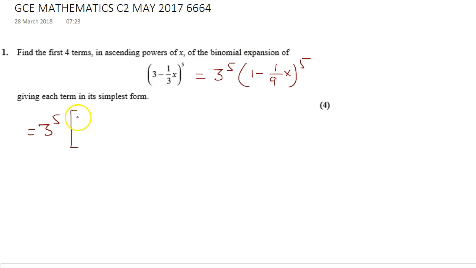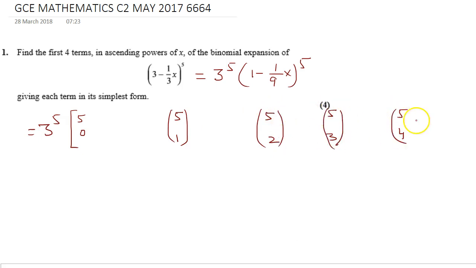Now we can write 5C0, 5C1, 5C2, 5C3, 5C4 and 5C5. First 4 terms: 1, 2, 3, 4.